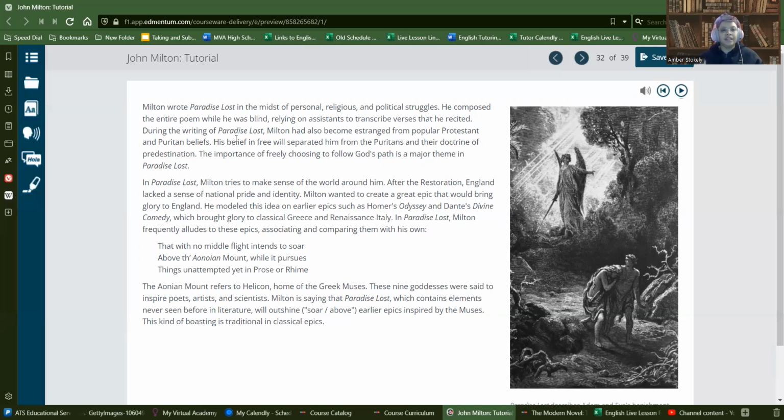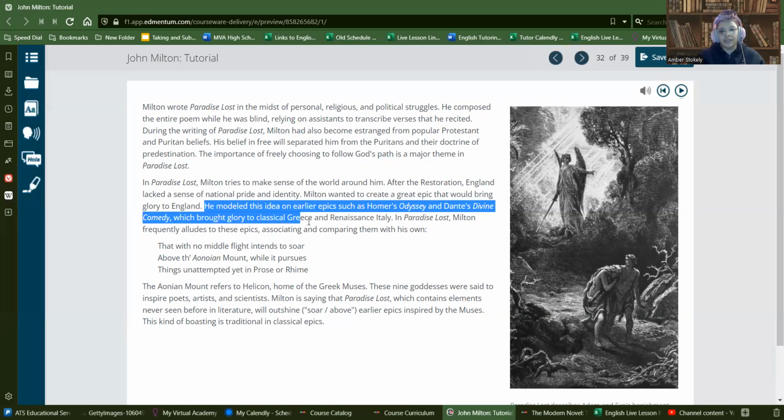And then in the second paragraph, we talk about Paradise Lost being an epic. So he modeled this idea on the earlier epics such as Homer's Odyssey and Dante's Divine Comedy, which we discussed before, which brought glory to classical Greece and Renaissance Italy, respectively.